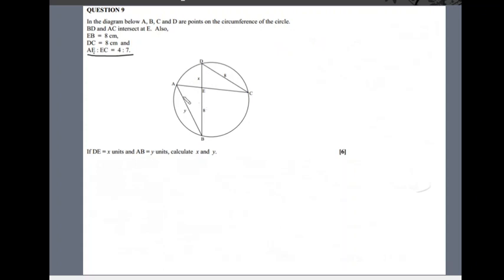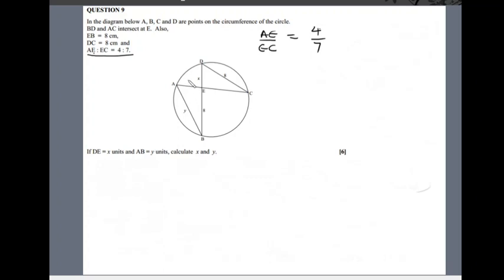Okay, so AE to EC is equal to 4:7, which is the same as saying AE over EC is equal to 4/7, right? This side to that side is equal to 4/7. So AE is equal to 4 times some factor, because I see length, right?